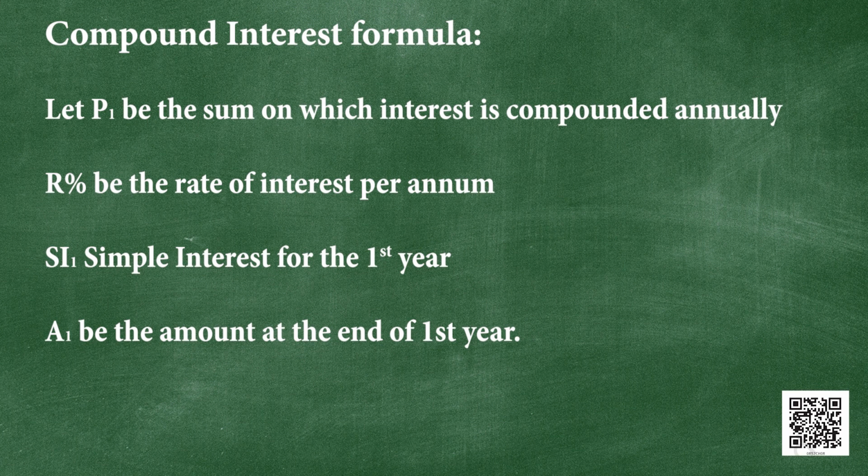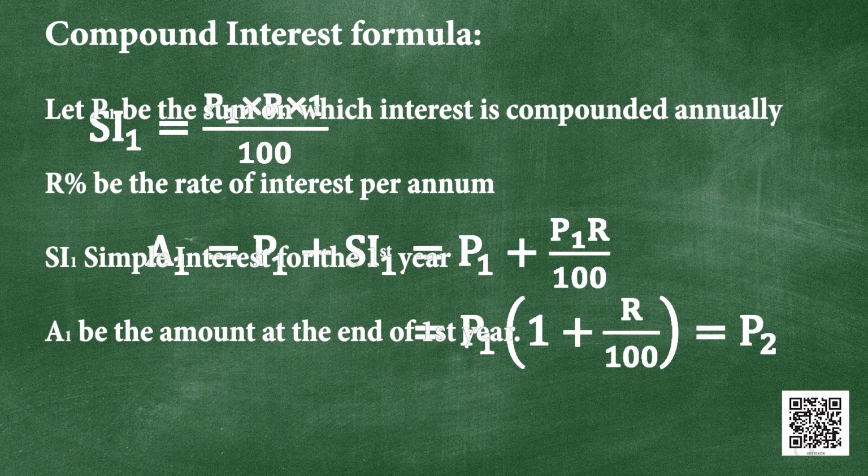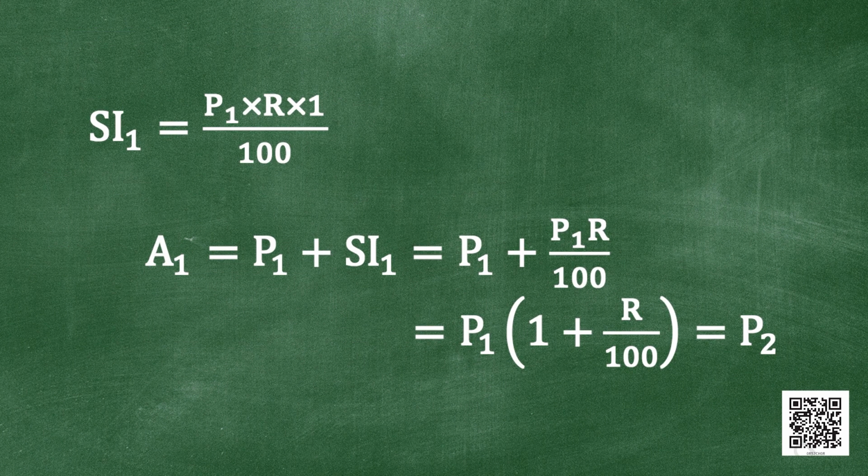Let SI1 be the simple interest for the first year and A1 be the amount at the end of the first year. So by our formula, SI1 is equal to P1 multiplied with R multiplied with 1 divided by 100.